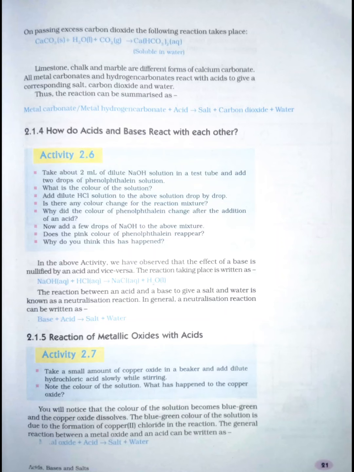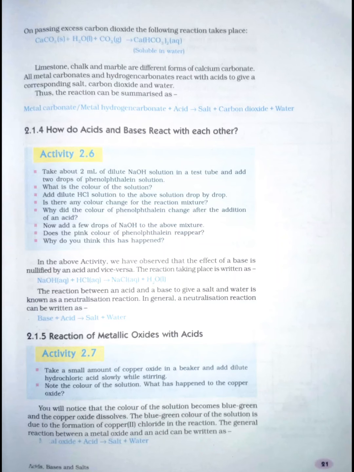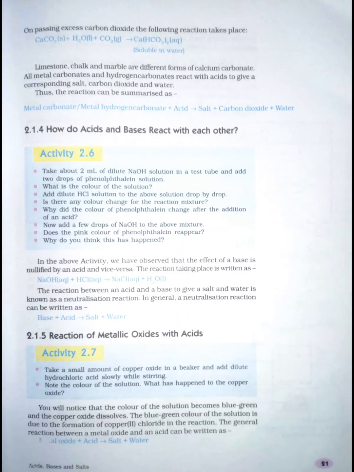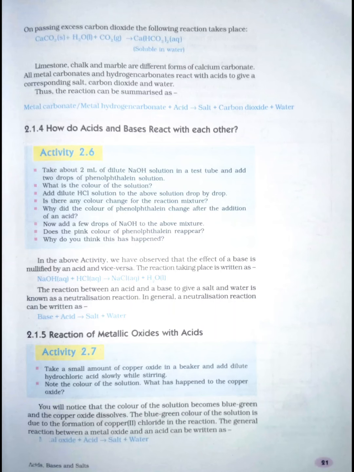All metal carbonates and hydrogen carbonates react with acids to give a corresponding salt, carbon dioxide and water. Thus, the reaction can be summarized as: metal carbonate or metal hydrogen carbonate plus acid is equal to salt plus carbon dioxide plus water.